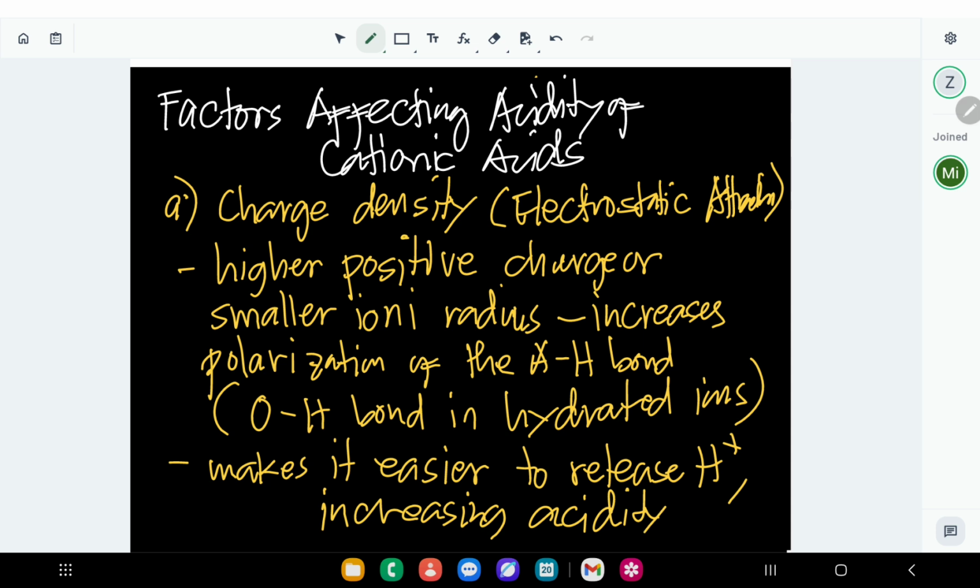Okay, so you got that? One of the factors is the charge density or electrostatic attraction. The higher the positive charge or the smaller the ionic radius, the easier it is to release H+, therefore the higher the acidity.